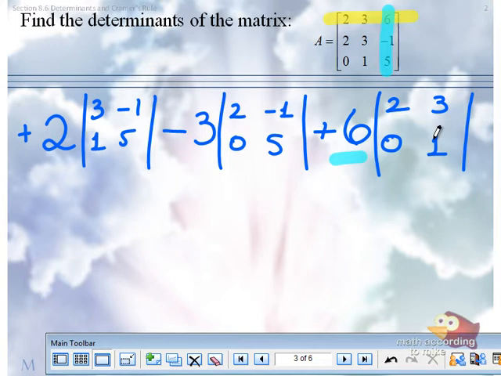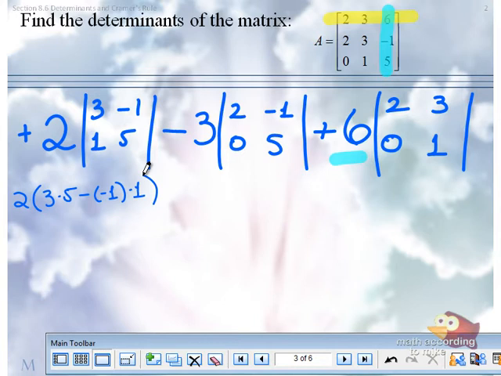Now that we have the smaller 2 by 2s, we repeatedly use the AD minus BC formula. So for instance, this first one says 2 times 3 times 5 minus negative 1 times 1. So AD minus BC. Is that okay?